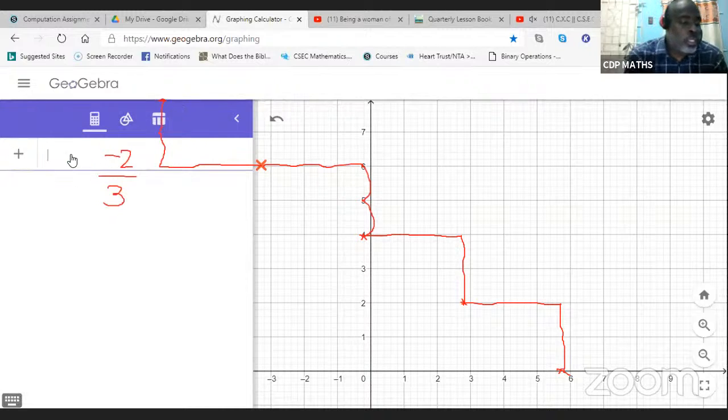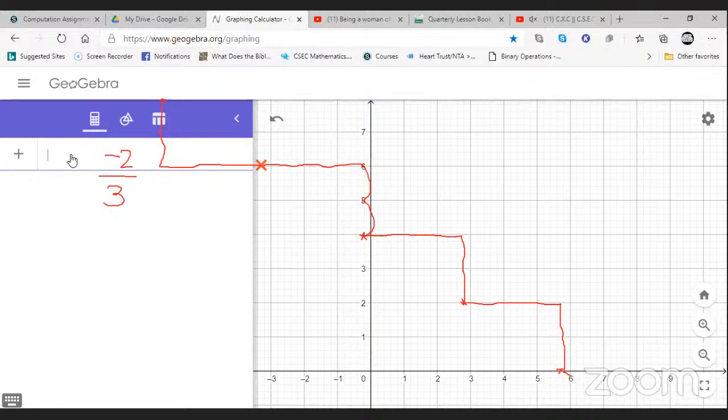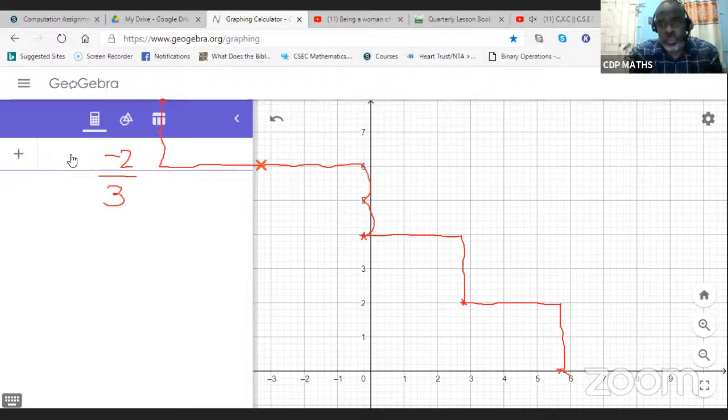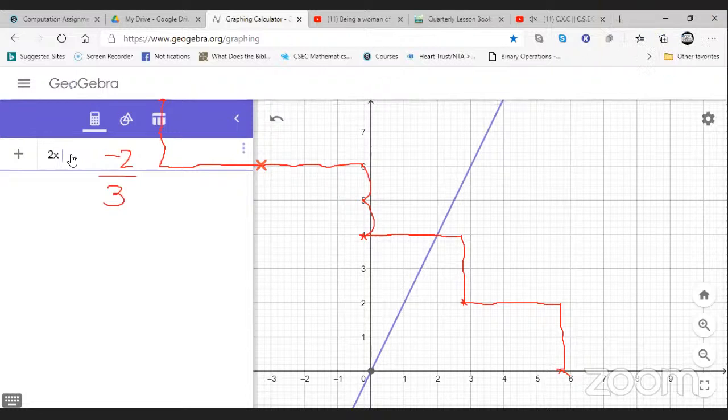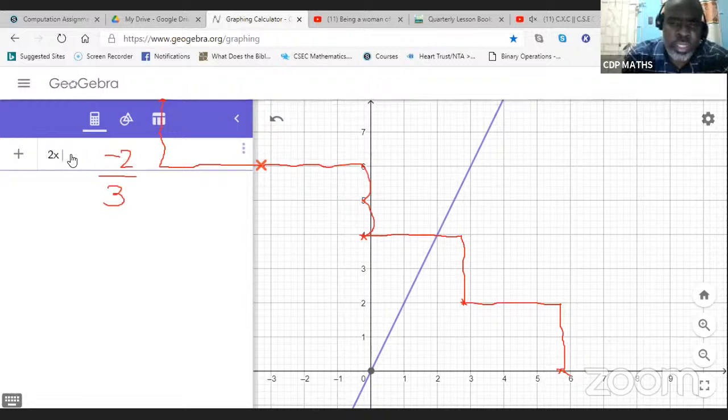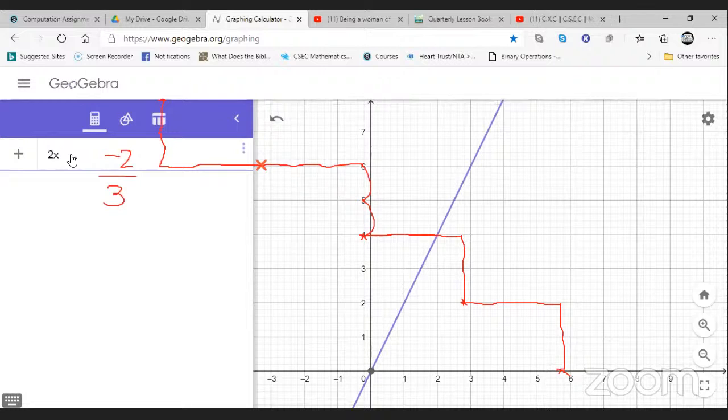What was this equation again? Let me have the equation again, please. The first one. 2x plus 3y equal 18. That was it? No, equal 11. 2x plus 3y equal 11.